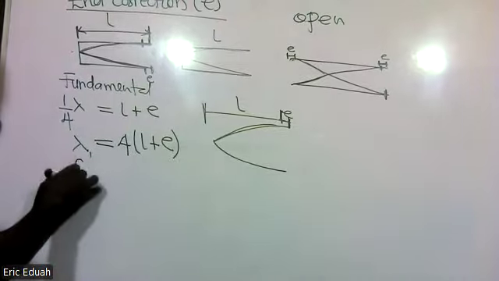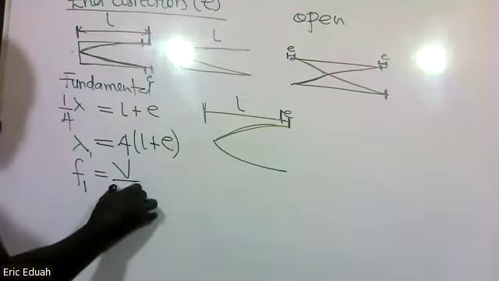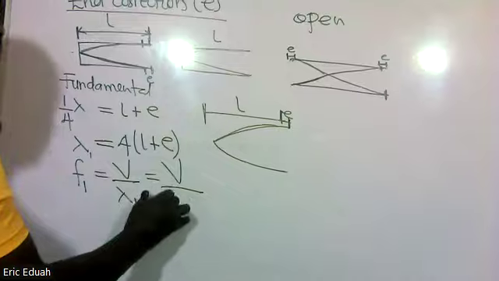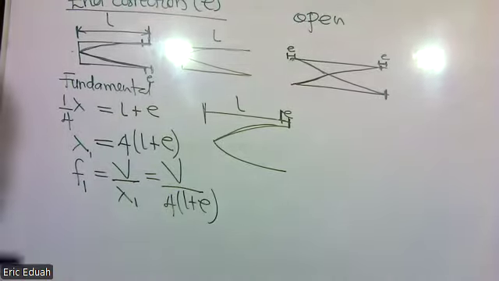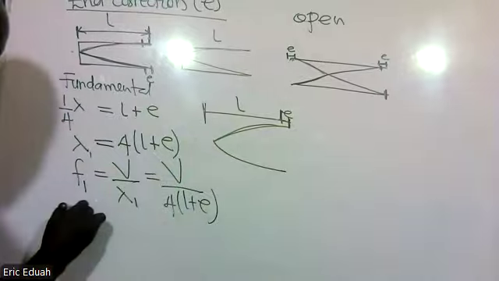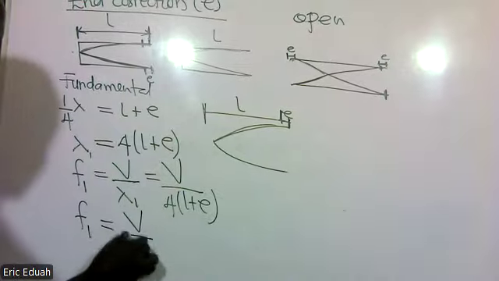Therefore, F1, which is equal to V over lambda 1, would be equal to V over 4 times L plus E. Don't forget, if there is no end correction, the fundamental frequency is V over 4L.